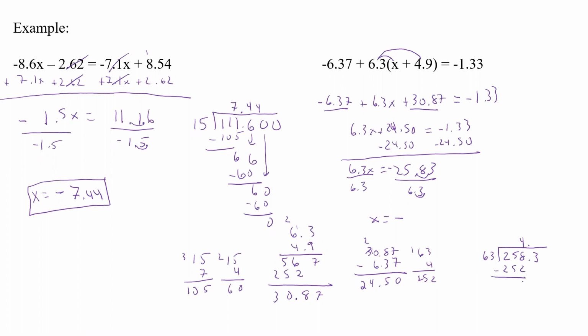If I subtract there, that's going to be 6. Drop down that, that's 3. Oh, wow, this worked out really nice, 4.1. And so 4.1, it's negative because we had the negative up here, and that's going to be our solution to this problem. And again, I'll leave the check to you, but you add that for negative 4.1 plus that times 6.3, subtract off 6.37, should give you a negative 1.33.